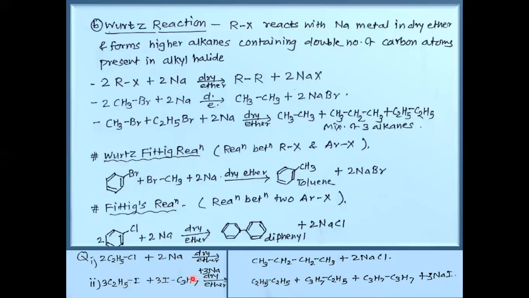Propyl with itself gives hexane, n-hexane, and the cross product, ethyl with propyl, gives pentane. Got it? A mixture of three alkanes is obtained.